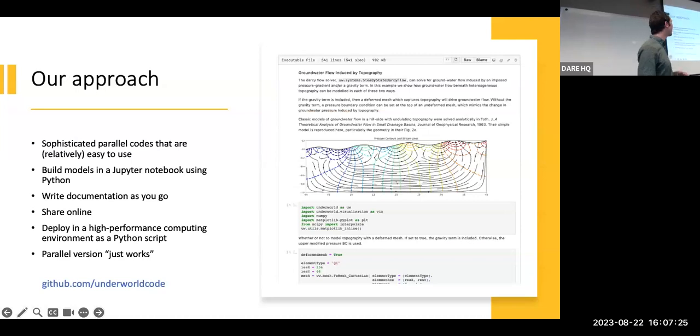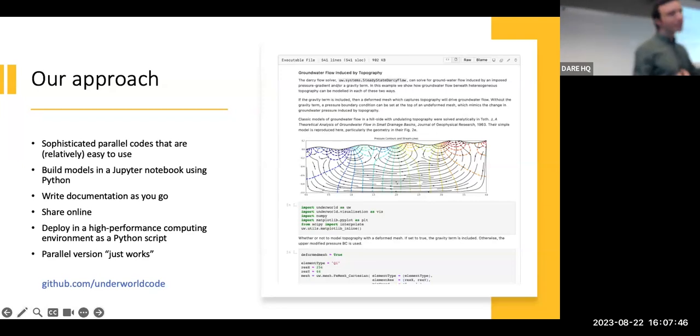Our approach was to take a sophisticated parallel code that is highly scalable and relatively easy to use. All the notebooks, and when I say notebooks, these are Jupyter notebooks on the right here, all the documentation, and all the groundwater flow models that we produce are in fairly accessible online repositories.